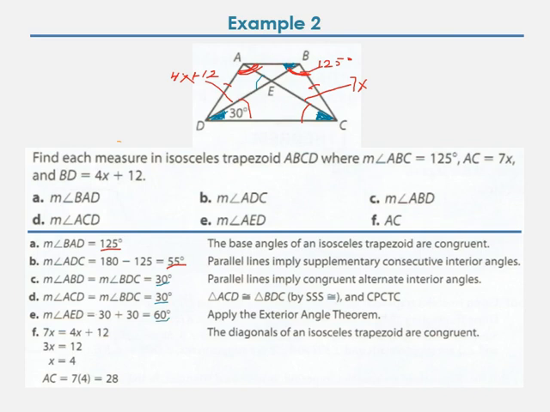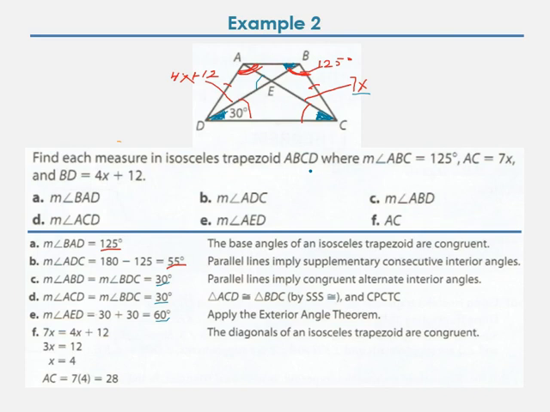So F, we're going to find the measure of diagonal AC. One of the things we already know about AC is that it is 7x. And we have its congruent diagonal, which is 4x plus 12. So we need to solve for the variable and then substitute to get our total measure.